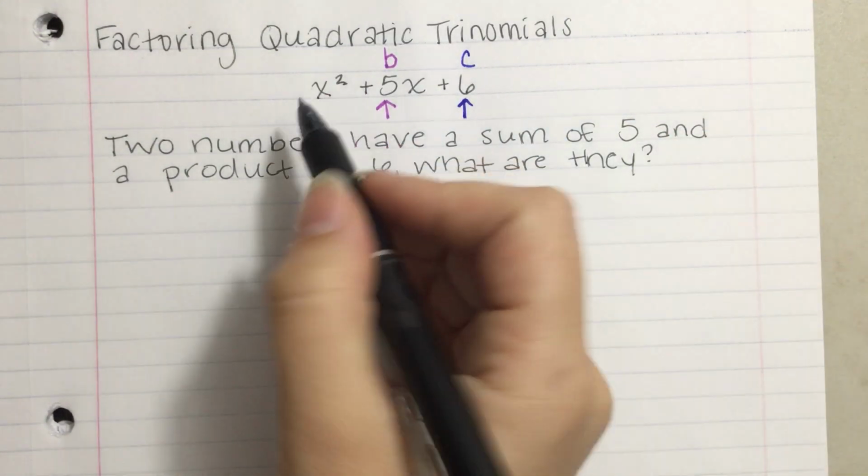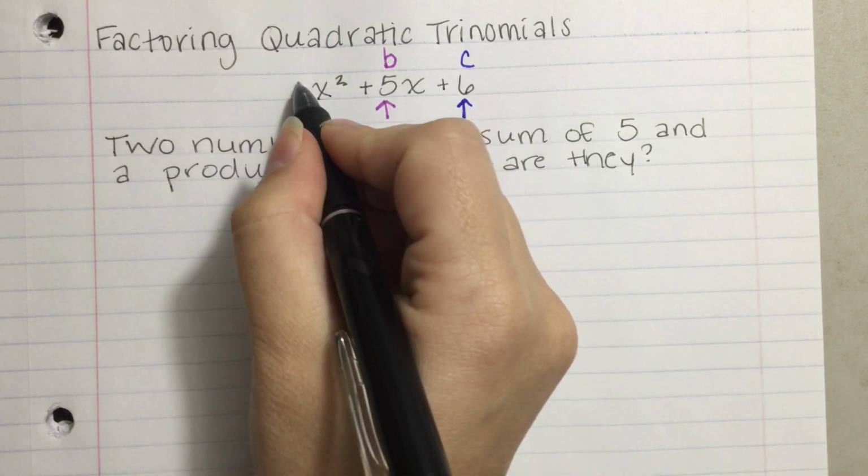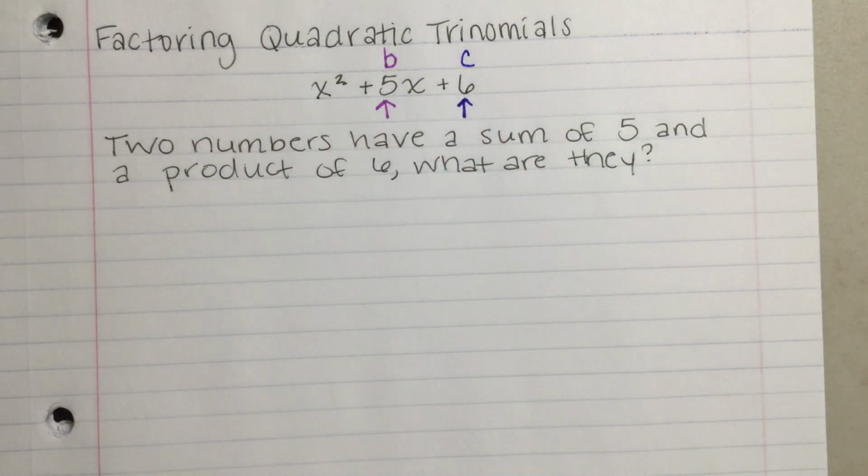Now we don't actually have a number here in front of x squared, but technically there's an invisible 1, and that represents our a value. So this would be our a value. So you would usually go through that.